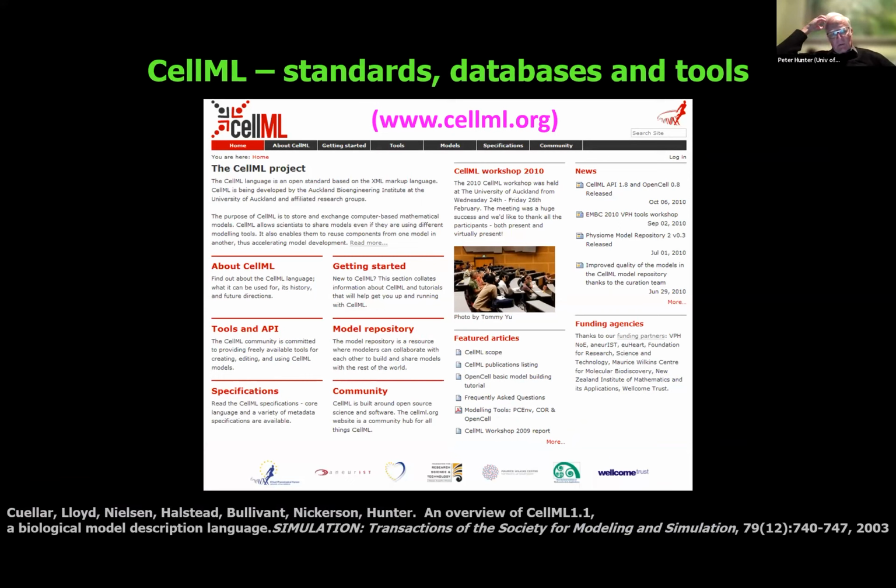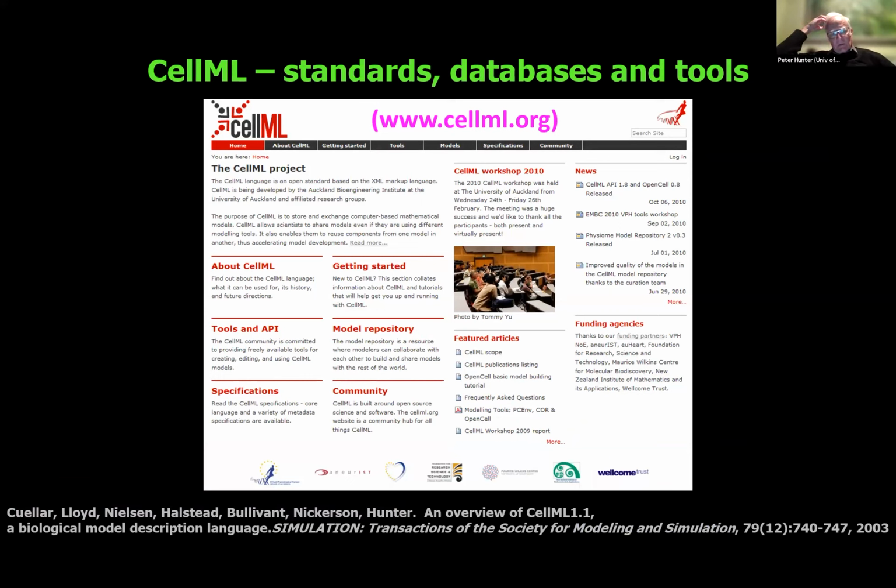We developed the standard, a website and a repository, which currently has about 1,500 models covering a wide range of physiological processes, really all of biology, primarily lumped parameter models, but also including some spatially varying models.